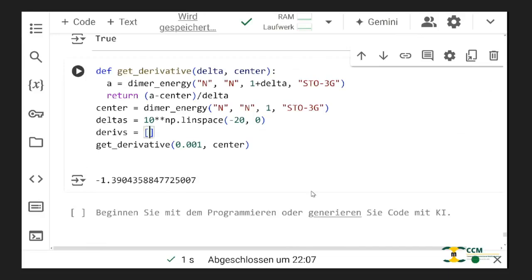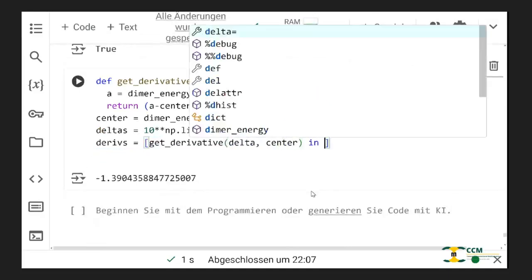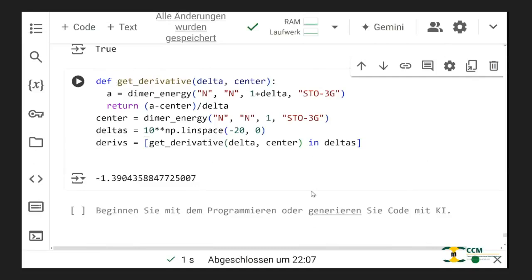And derivatives would get the derivative for delta in deltas.